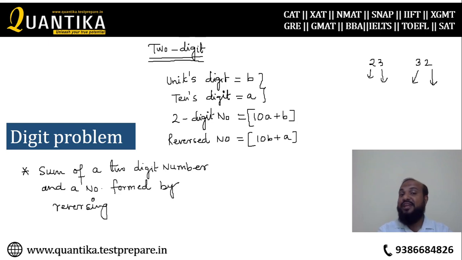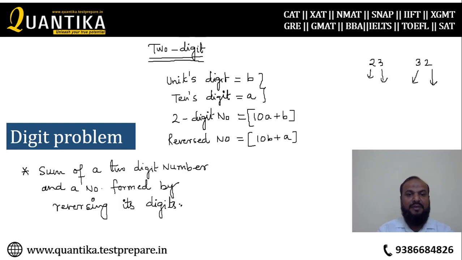Listen carefully. The language is very important in CAT, XAT, NMAT, IPM, GMAT, GRE questions. Sum of a 2-digit number and a number formed by reversing its digits.